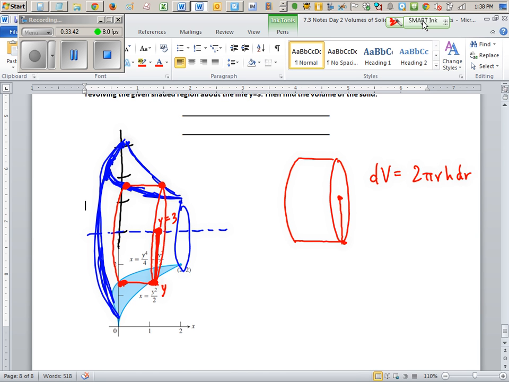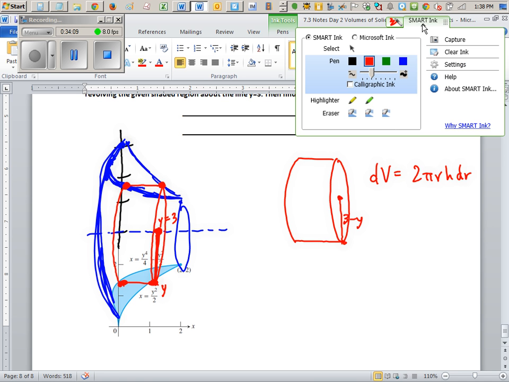So I could think of this length as 3 minus y. Now the only time that could get me is if, for some reason, I need to put x's in here. I might need to put in an x, but I might not need to. Let's see what happens next. I can always come back and substitute something in for x, right? Let's look now at the height. The height of the shell is this green segment here.